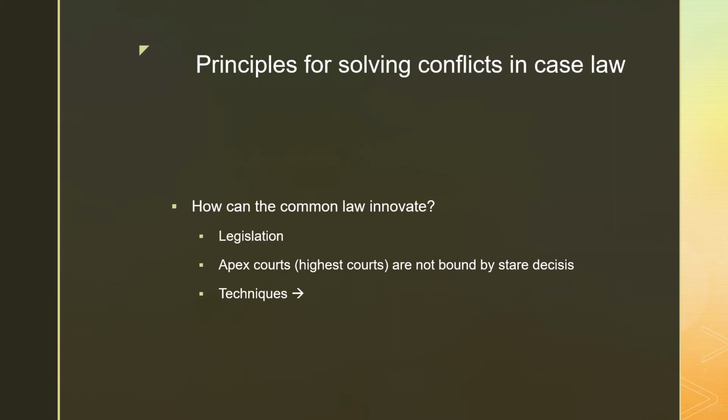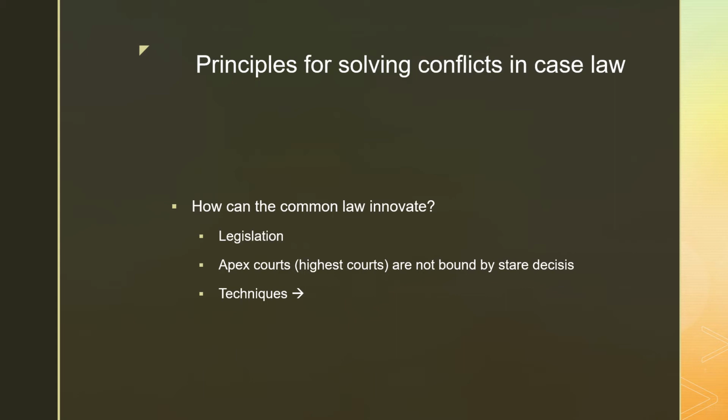First, the common law does not operate in isolation from legislation. Rules made under the common law can change when the legislation changes. Naturally, for legislation, even in the common law, the principle of lex posterior applies. Second, not all cases are of equal hierarchy. Higher courts can override the precedents of lower courts and therefore innovate or correct mistakes that have been made.